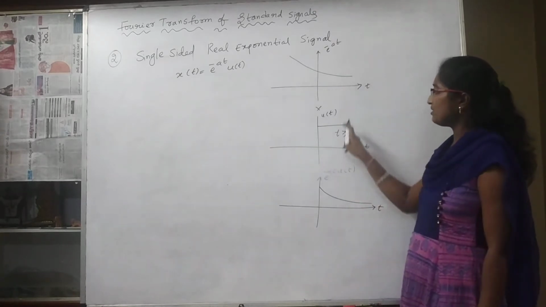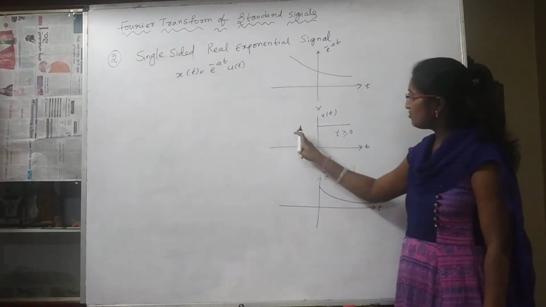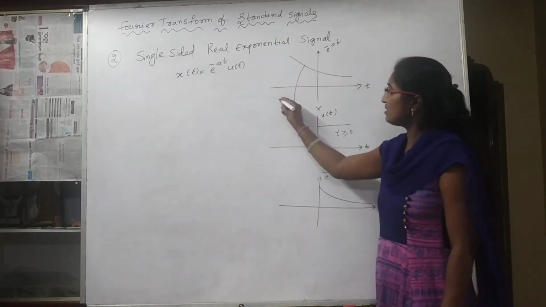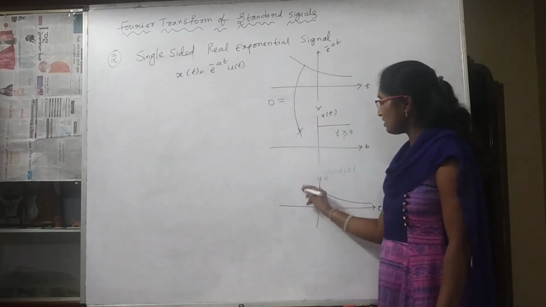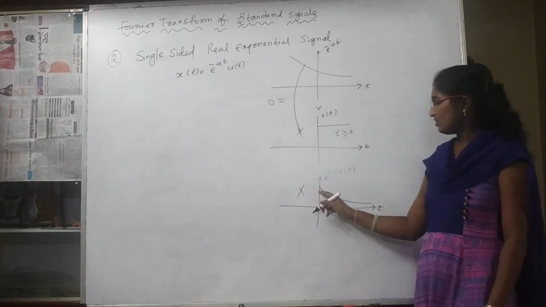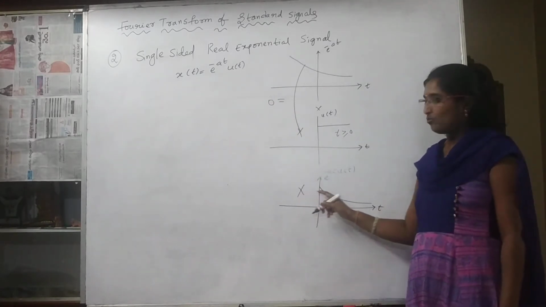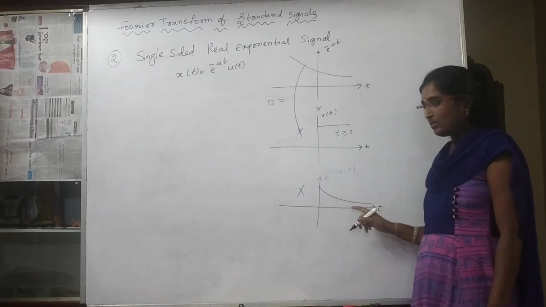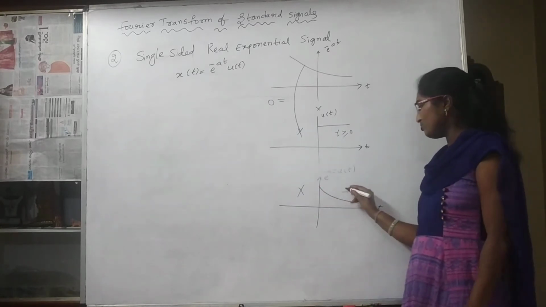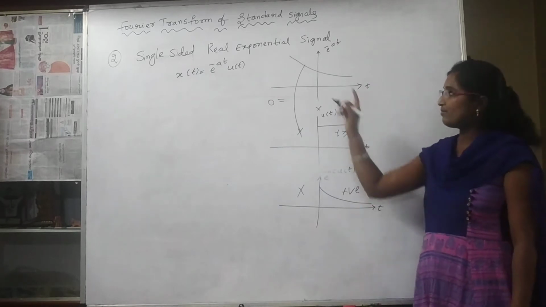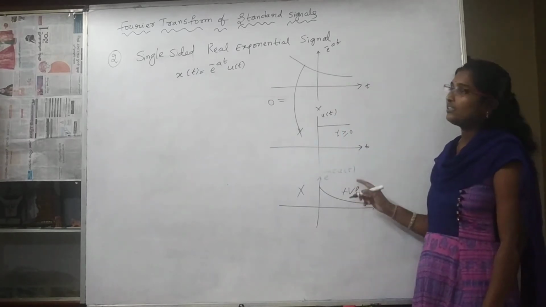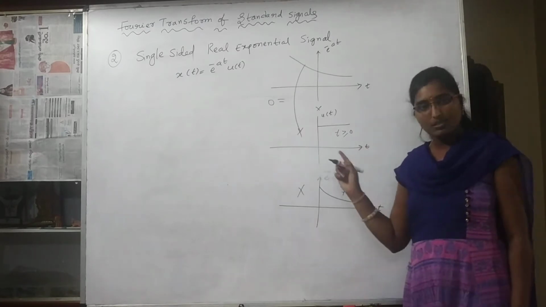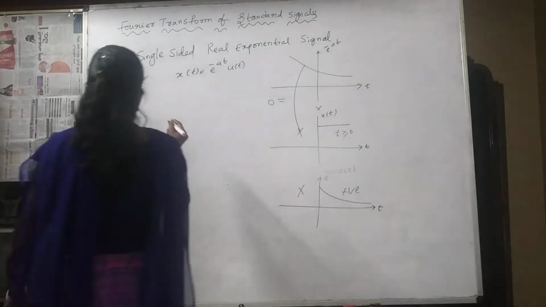Then these two get multiplied. For the negative side there is no signal, because this side multiplied by this gives the result 0 only. Only the exponentially decreasing signal is present on the positive axis of t. That's why I am calling it a single-sided real exponential signal. Here a will take only real values. For that we will find the Fourier transform now.